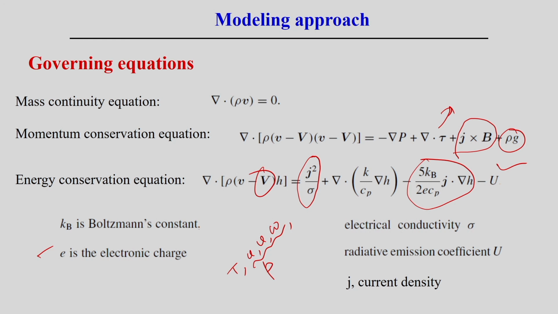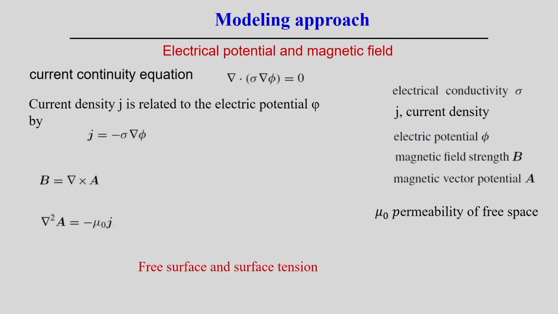So these are the outputs from solving the governing equations, but there is also an interaction of the magnetic field. In different ways we can incorporate the effect of the magnetic field in this governing equation, as we have shown here also.